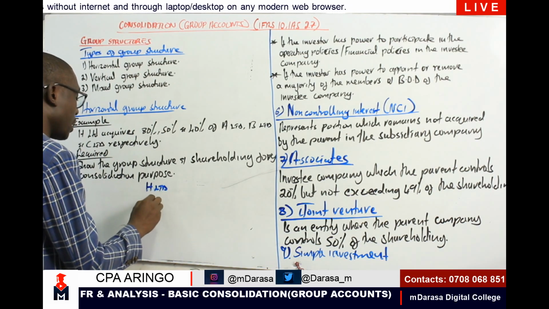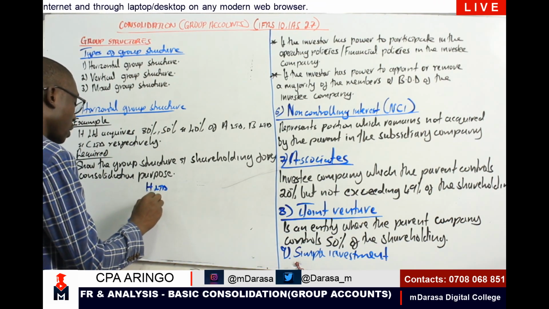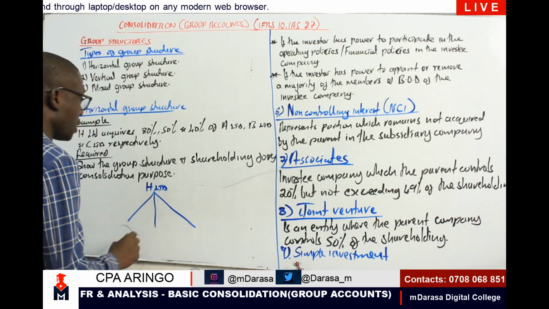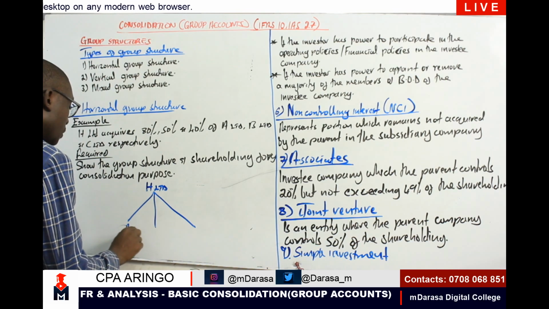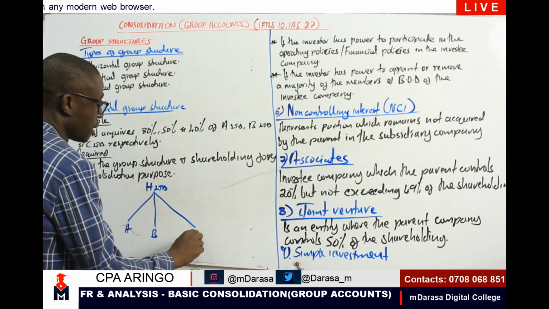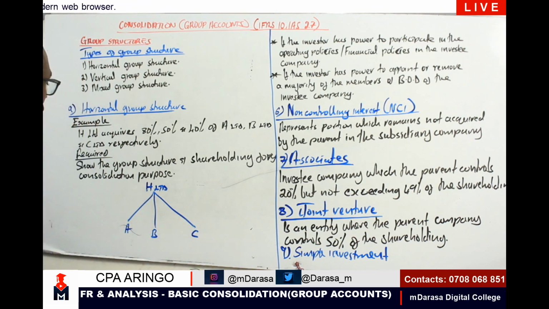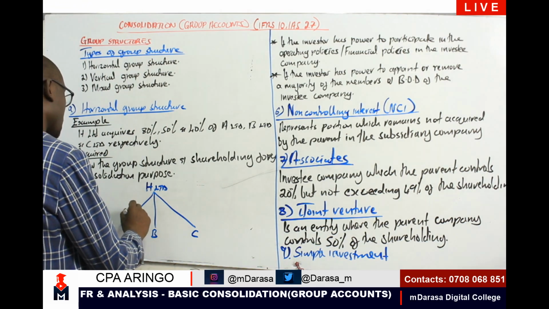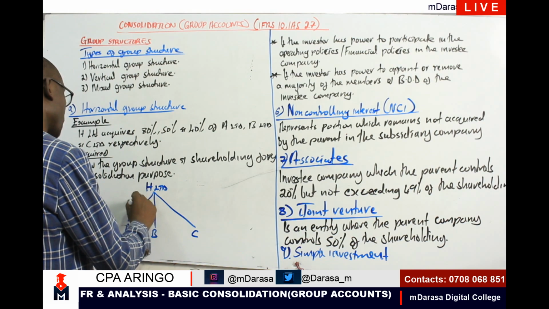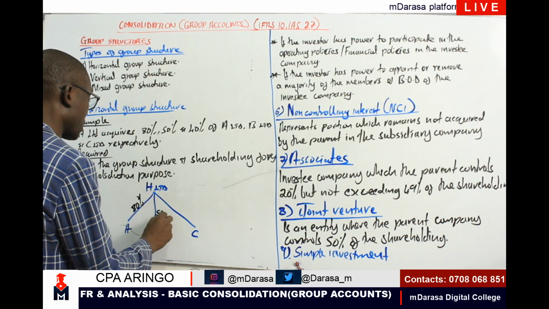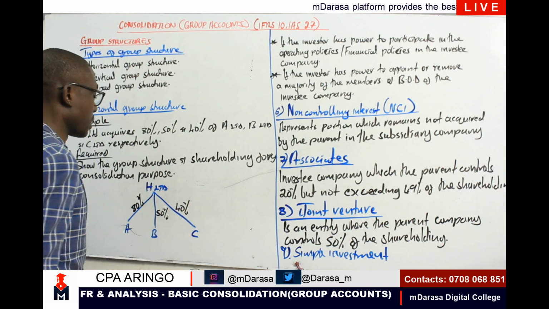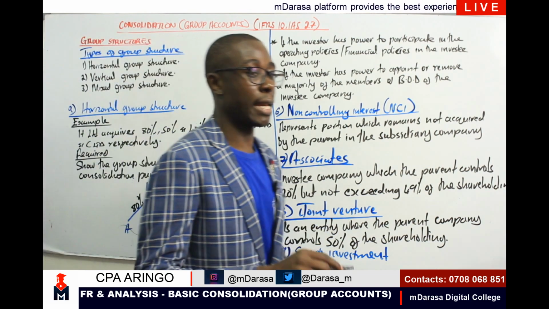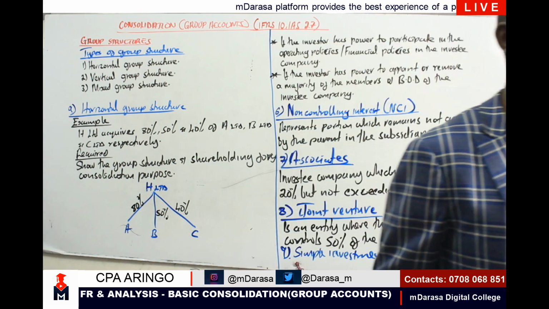We have acquired three companies, that is, A, B, and C. For A, we have acquired 80%; for B, we have acquired 50%; and for C, we have acquired 40%. It means that we do have direct control.